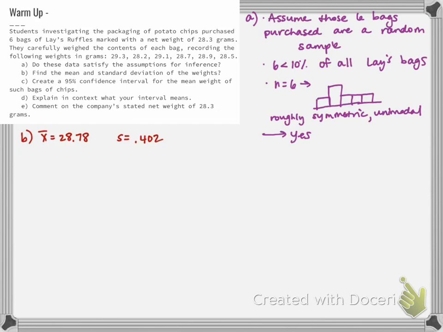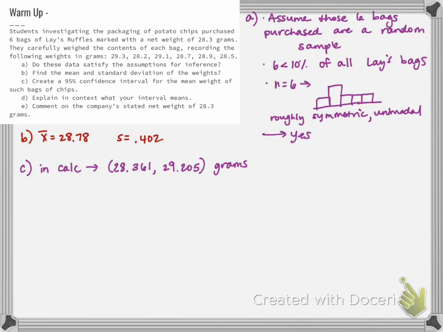Part C says to take those numbers and create a 95% confidence interval. I actually did this with my calculator, so I pressed stat, went over to tests, did a t interval for these data points. And the interval in my calculator came out to be 28.361 to 29.205 grams that we were seeing between those bags.